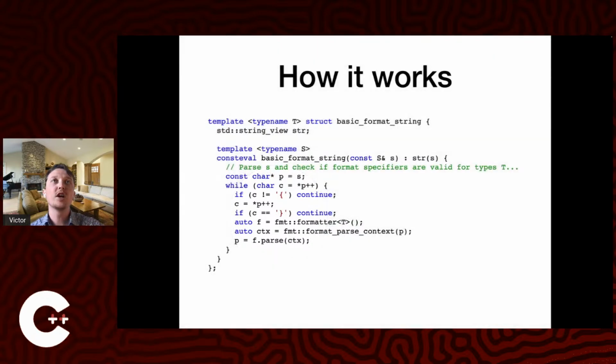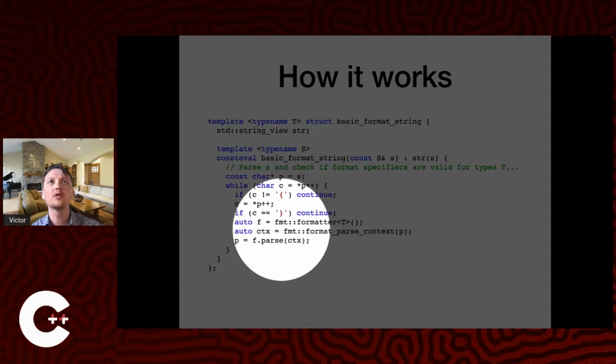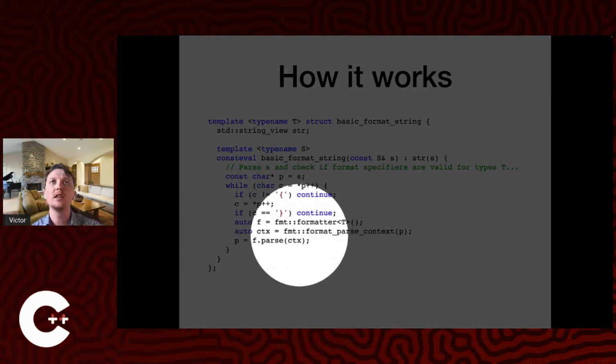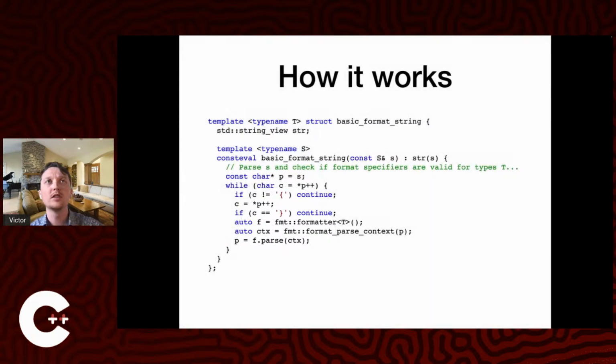Then if it's just a closing brace, we bail out, so it's okay. The default formatting is always valid, but if it's something more complicated, we construct the formatter and we invoke the parse function on this formatter. And the parse function is constexpr, so it's all checked at compile time.